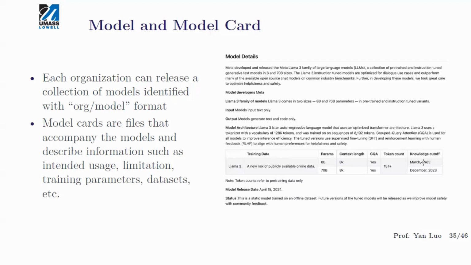So if you don't give any additional information, you just use zero shot, you should expect that any knowledge or question you ask about any facts that happened after March 2023, this model will likely not be able to handle.